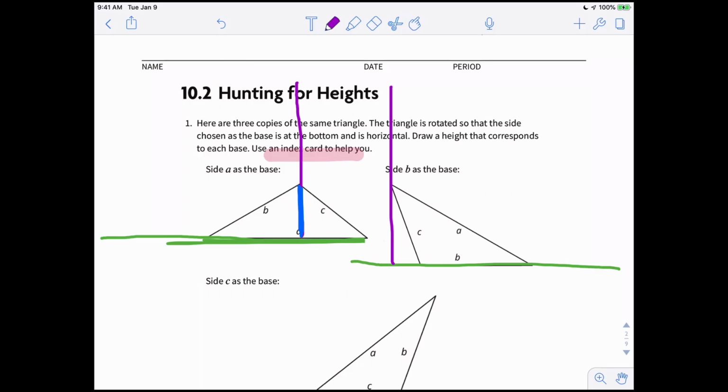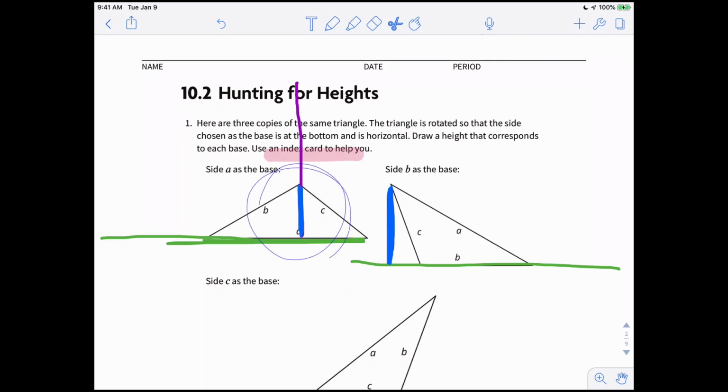And that is my height. This portion right here is my height, because as I'm dragging it around, that's where it is. If I wanted to, I could delete that, because that has shown me where the height of my triangle is.